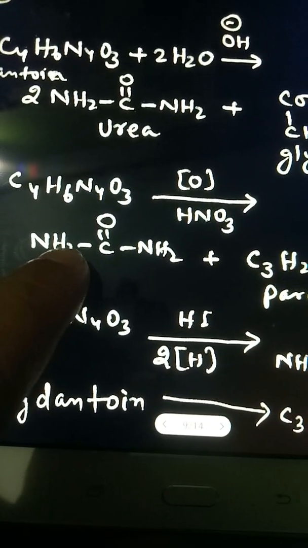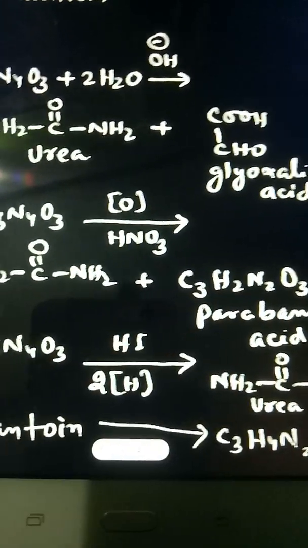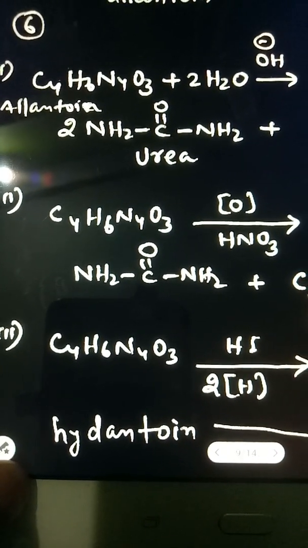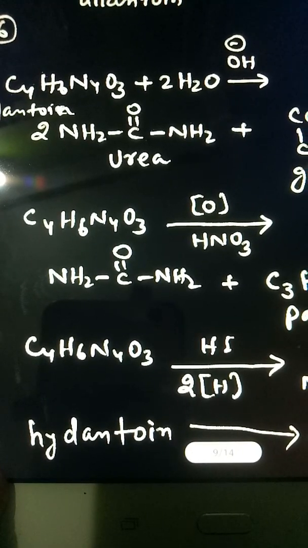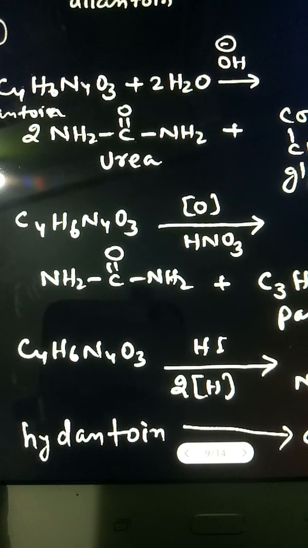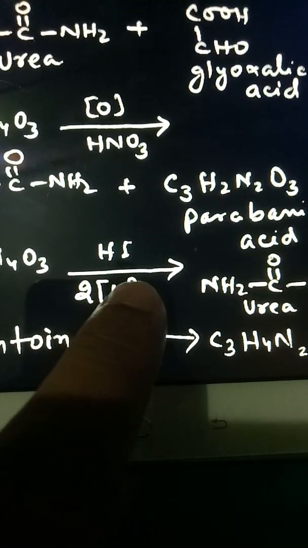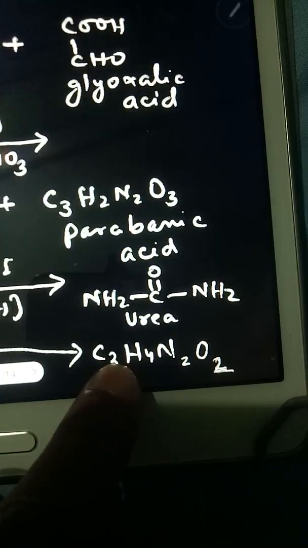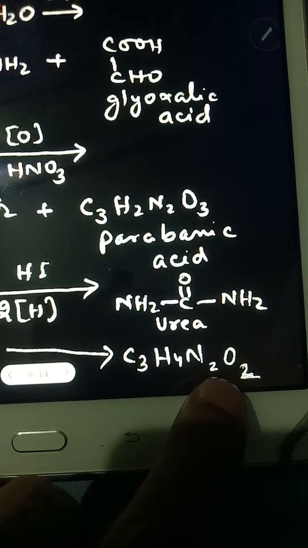We know the structure of parabanic acid. Third reaction: when reduced with concentrated hydroiodic acid, allantoin produces urea and hydantoin. We don't know the structure of hydantoin, but the formula we know, C3H4N2O2. This is hydantoin.